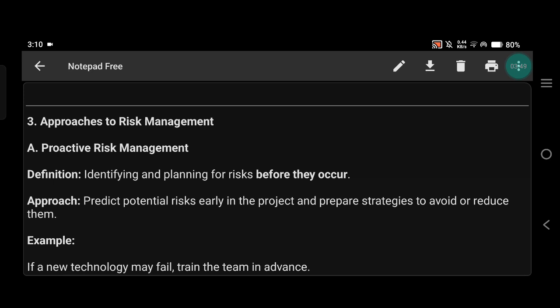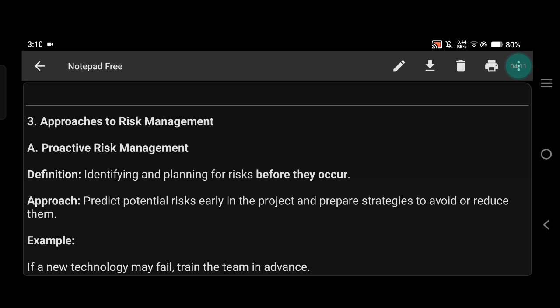Okay, let's talk about the two main approaches, proactive and reactive. First is proactive risk management. This means planning for risk before they occur. We try to predict risk early and make strategies to avoid or reduce them.